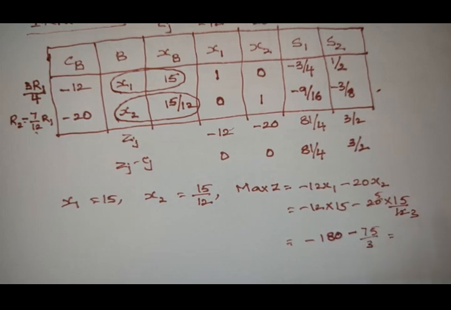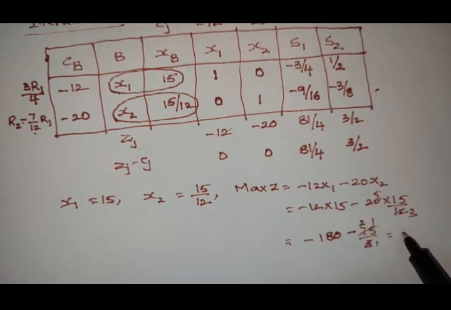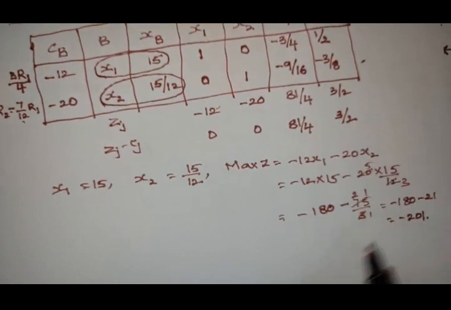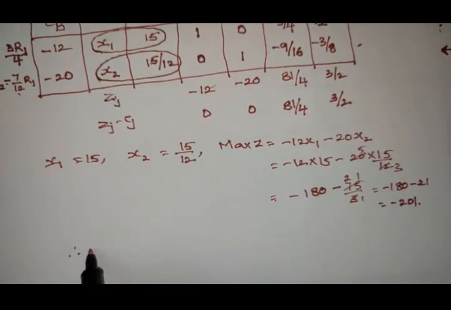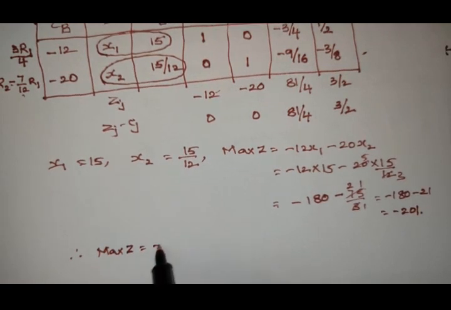So that is equal to minus 180 minus 21. So that equals minus 201. Therefore maximize z is equal to minus 201.